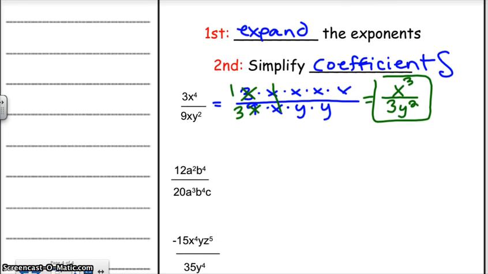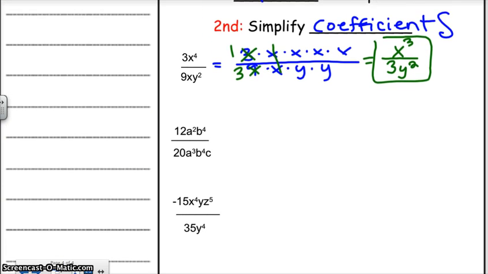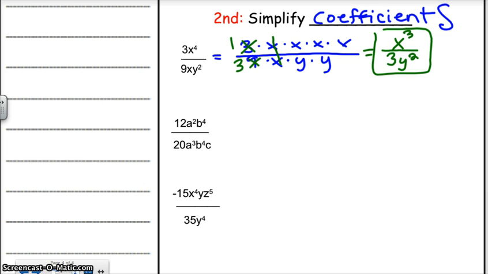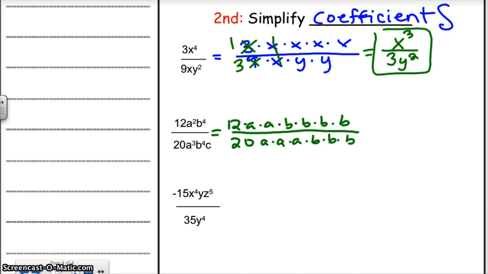A squared b to the 4th over 20a cubed b to the 4th c. I have 2 a's, 4 b's over a 20 and 3 a's, 4 b's in a c. All right, my a got canceled out.